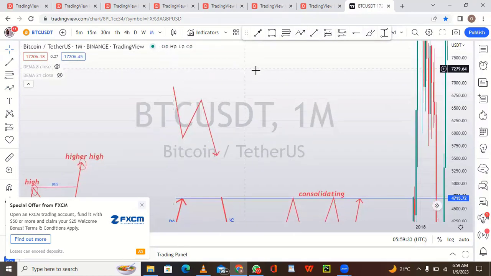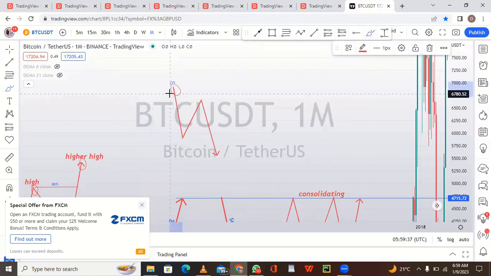The market starts from a higher point here. After that higher point is created, there is a low. After that low is created, there is a new high, but that high is lower than the previous high. All right, so we refer to it as what? Lower high. And then finally, there is a lower low.